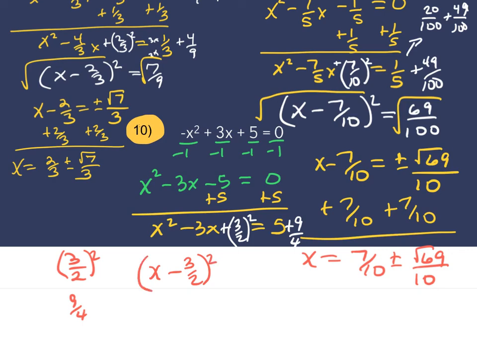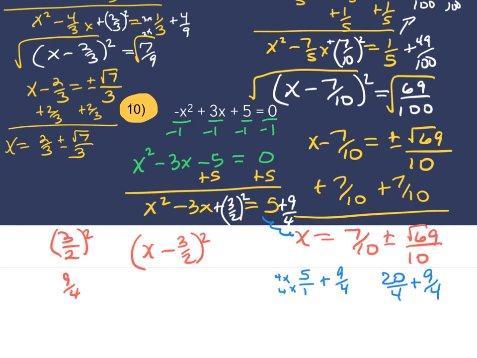I need to do the math for this. So 5 over 1 plus 9 over 4, common denominator 4. So it becomes 20 over 4 plus 9 over 4, which gives me 29 over 4. And that's what goes here.